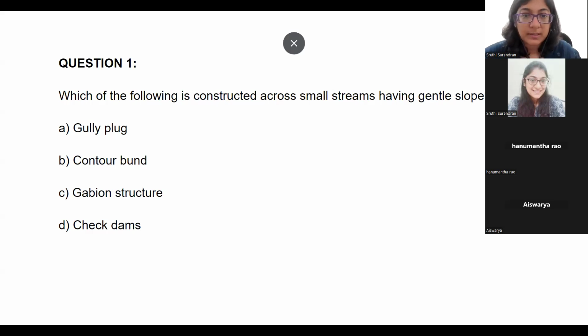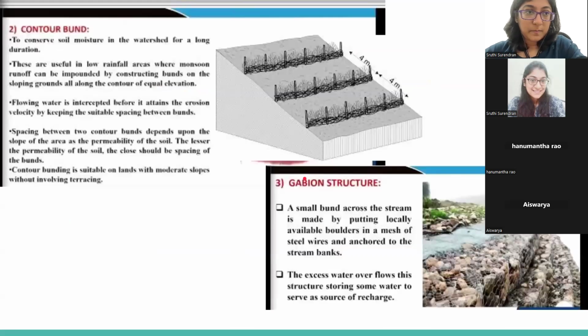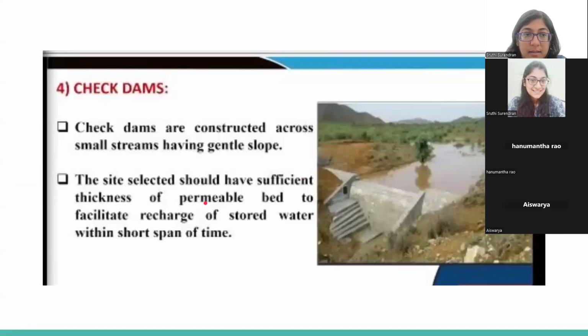Okay, so the correct answer is check dams. Let's go back: gully plugs are used in small streams when they have a local break in slope to permit the accumulation of water. Whereas check dams are the ones built in gentle streams.